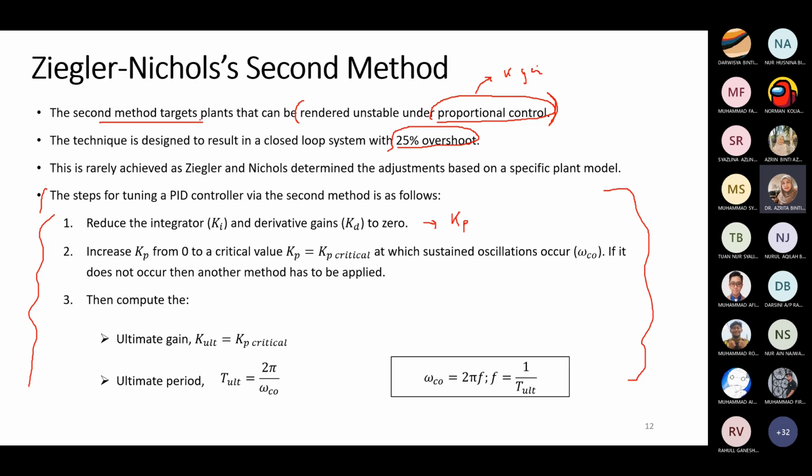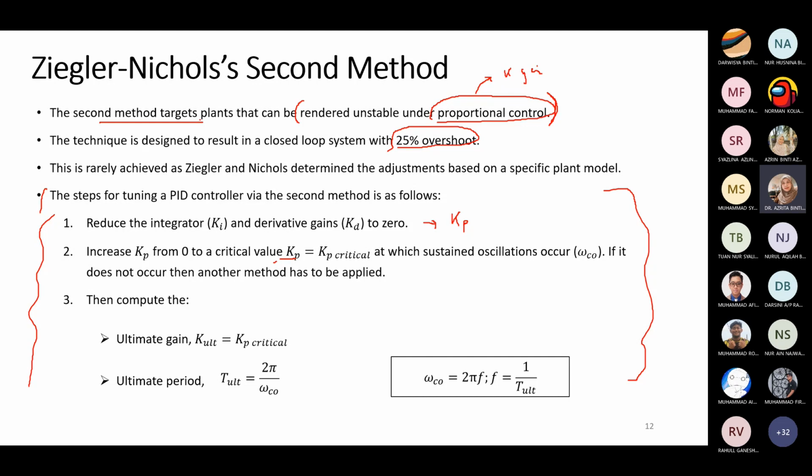So our plant operates with only KP. And then you increase the KP from 0 to a critical value. That means the value of KP is equal to KP critical, at which sustained oscillation occurs with omega C not equal to 0. If it does not occur, then another method has to be applied.